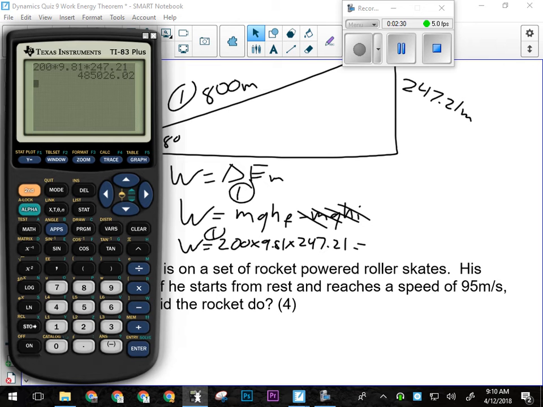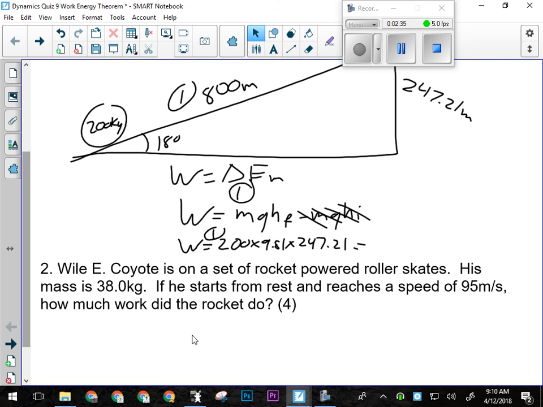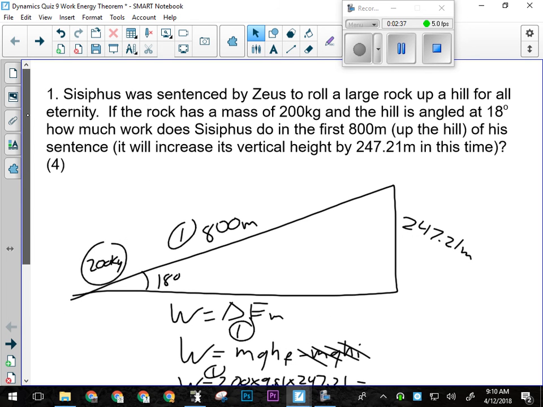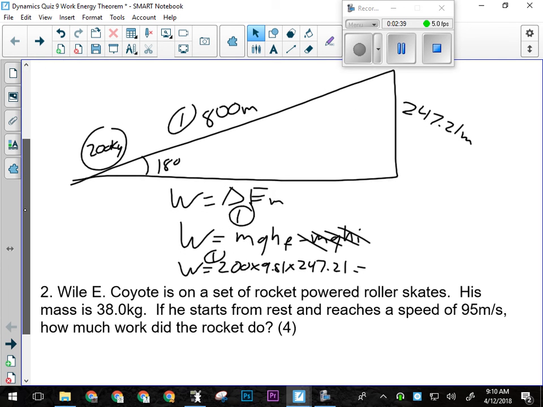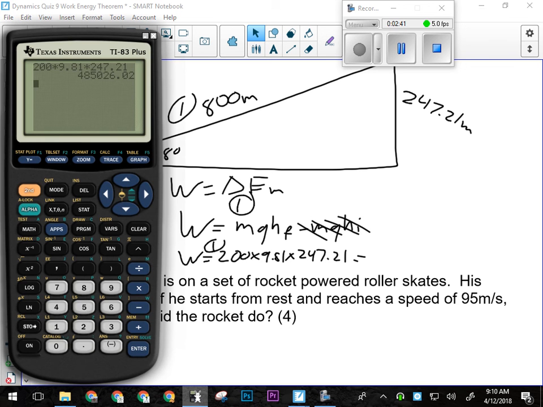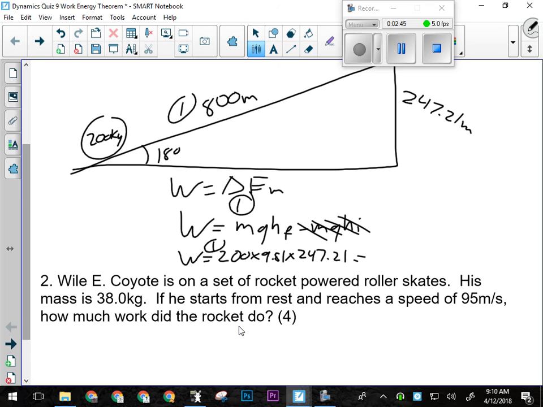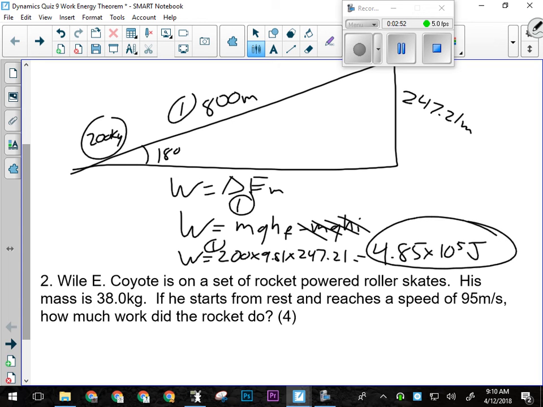We are looking at 4 point, and I think, what do we have here? Three significant figures. So 4.85 times 10 to the 5 joules. So 1 mark for that answer.